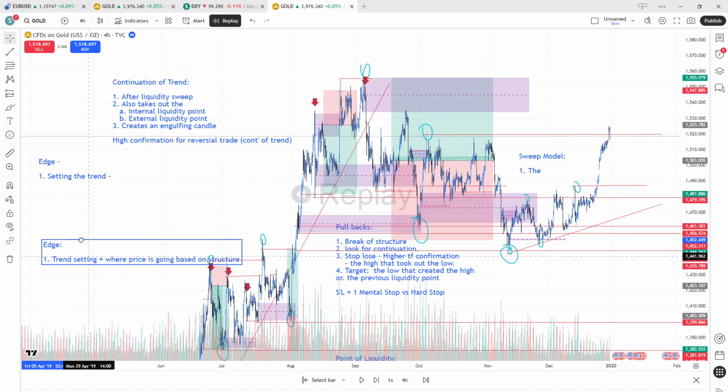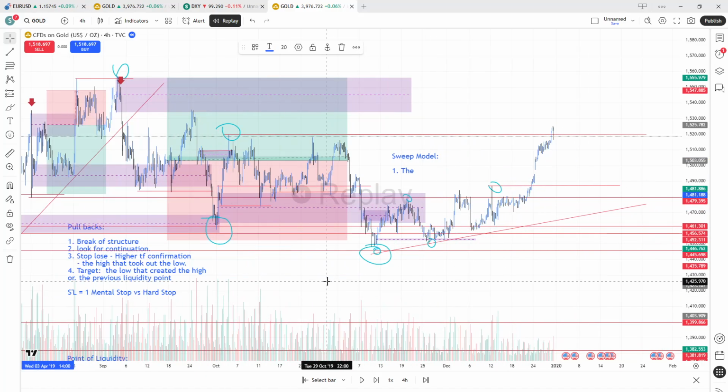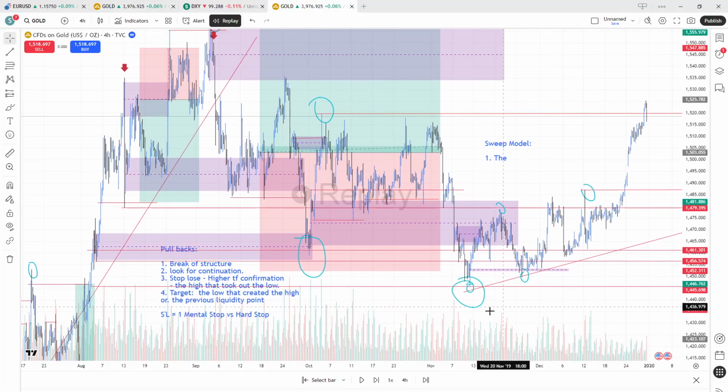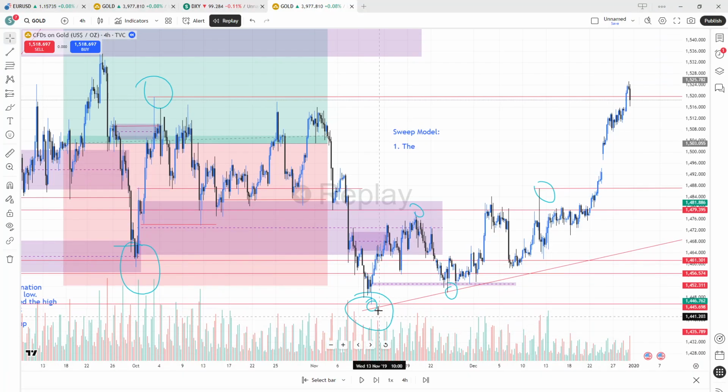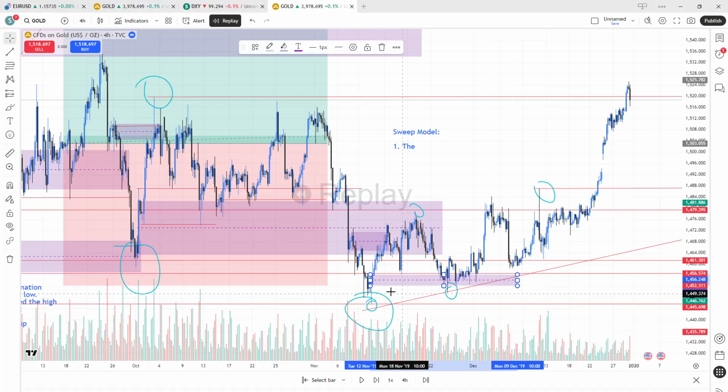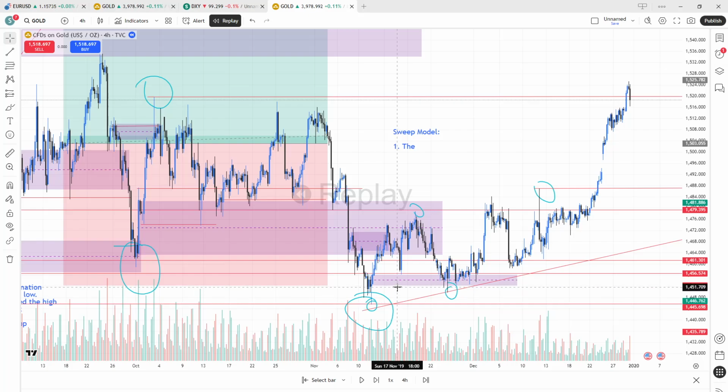Okay, trend setting. What did we say? So after the sweep of the internal and the external right here, right? It gave us that bullish engulfing. So the bullish engulfing is right here, or we could just say the whole darn thing, right?